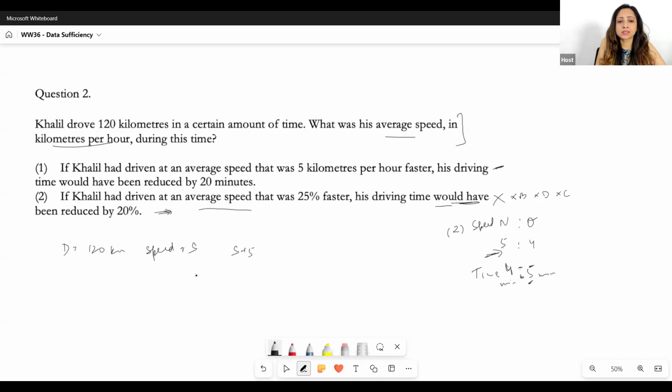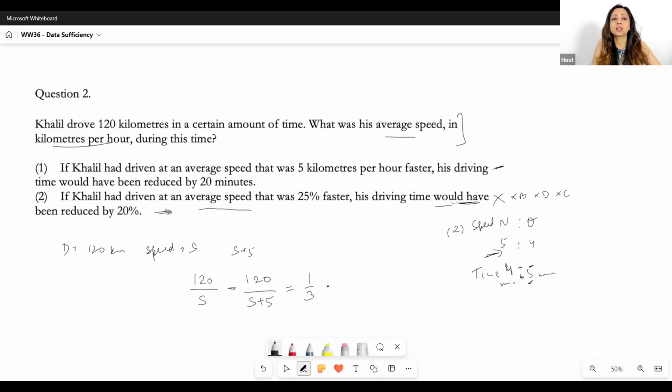So what this means is that, let's say 120 upon S is the time taken when his speed was S. When his speed increased, then the time taken was 120 upon S plus 5. And this difference is equal to 20 minutes. 20 minutes means 1 upon 3 hours.